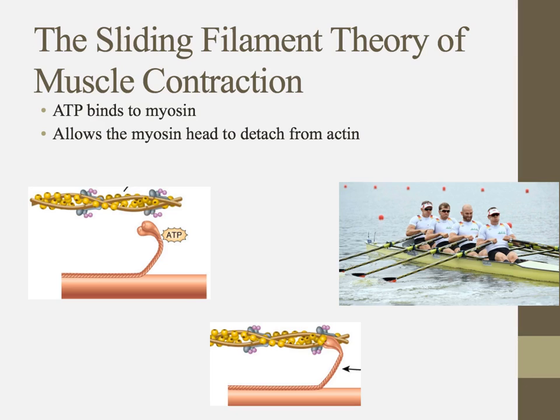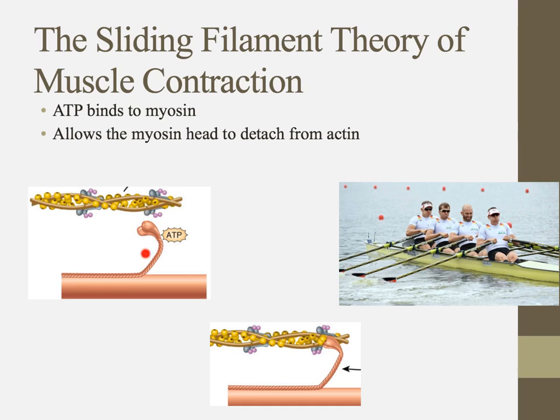Okay, so this always reminds me of rowers because this myosin head kind of looks like an oar. So same thing here. When you're making what's called a power stroke, your paddle is in the water, right? Just like when myosin is making its power stroke, it needs to be attached to actin. Well, to make the next power stroke, you got to pull your oar out of the water. For myosin to make its next power stroke, it needs to detach from the actin.